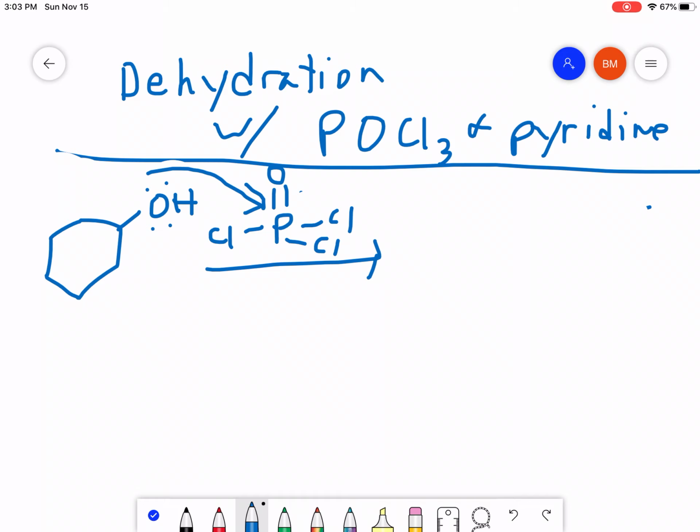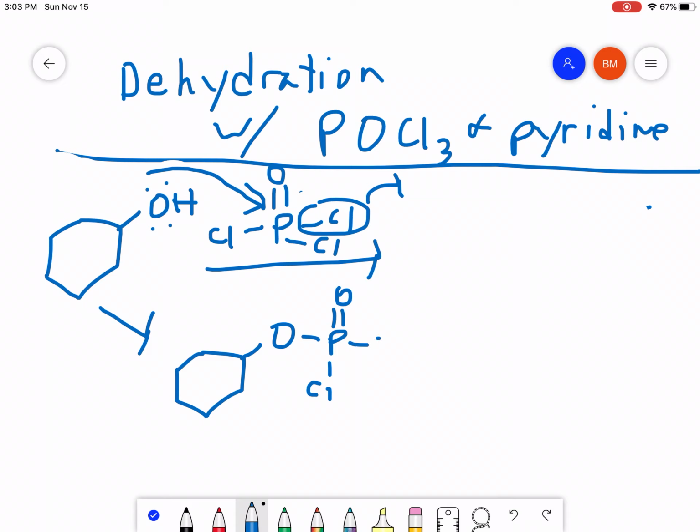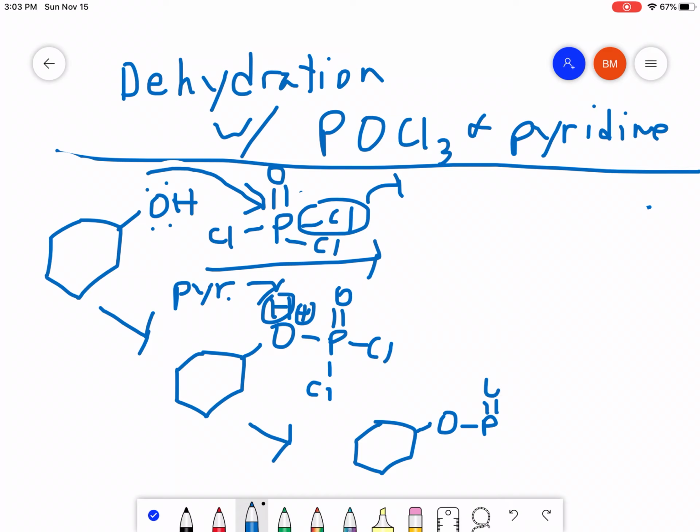And in the process, it's going to cause a Cl minus to leave. So you get this, and then a pyridine comes in, acts as a base, and grabs this proton, and you get this.